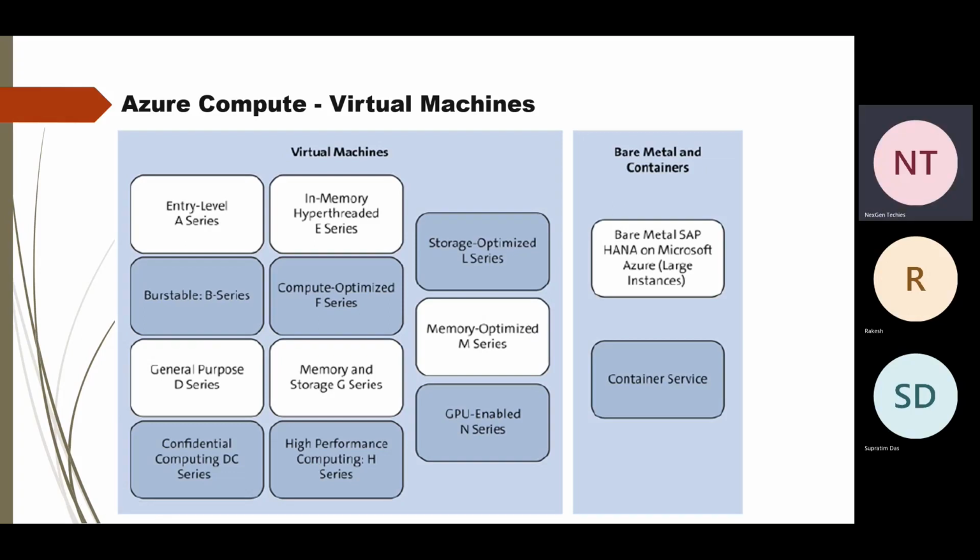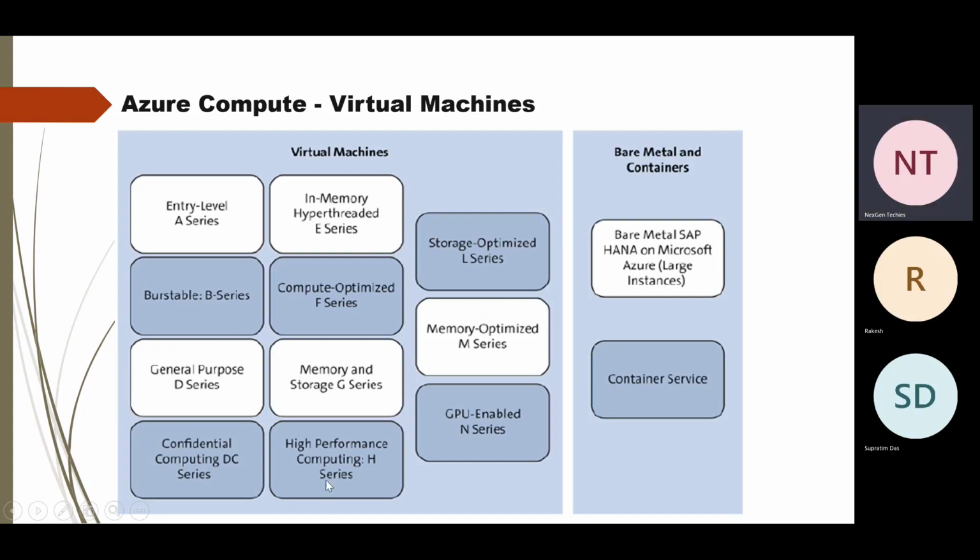The HANA database is always an M series VM, and for your application servers like ASCS, PAS, ERS, we go with the general purpose D series. For Oracle, IBM DB2, and Microsoft SQL, we go with the E series or general purpose D series.